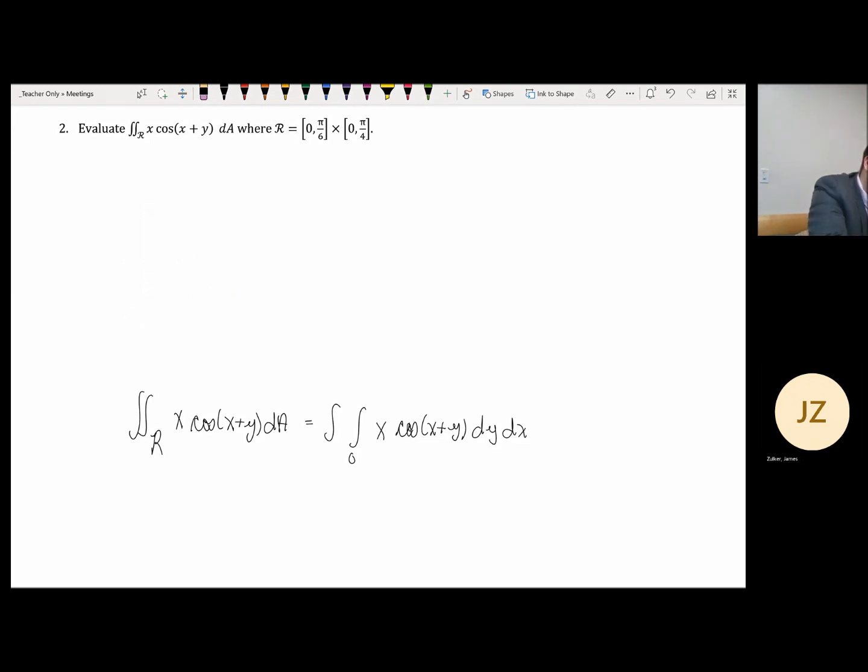I'd be better off drawing the whole thing. x goes to pi over 6, y goes to pi over 4. So y bounds 0 to pi over 4, x bounds 0 to pi over 6.